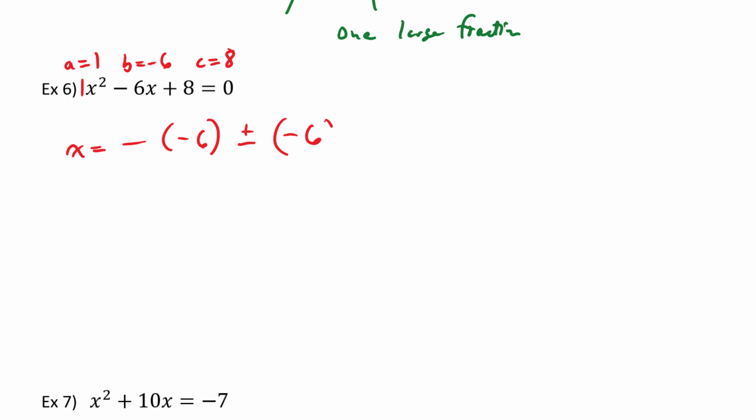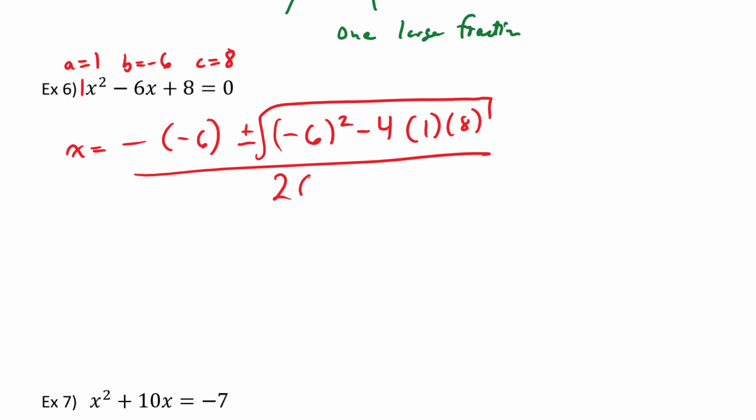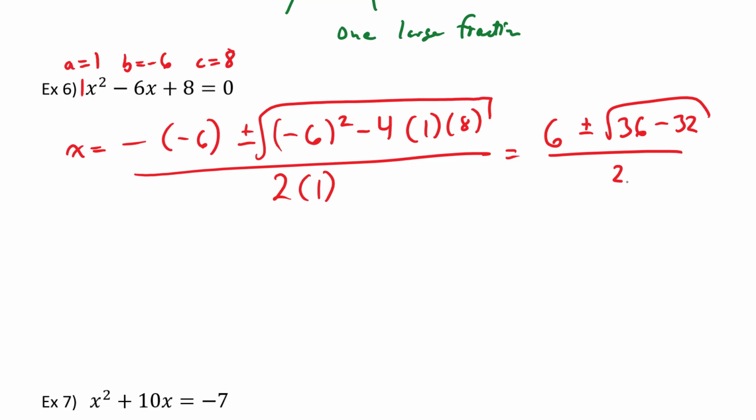Plus or minus the square root of b squared minus 4 times a times c, the whole thing. And make sure when you square root it, you write it all like that. I see some students do this. That's incorrect. Make sure it goes over all those terms. Divide that by 2 times a, which is 1. Negative times a negative is a positive. 36. Negative 4 times 8 is negative 32. x is equal to 6 plus or minus the square root of 36 minus 32, which is 4.